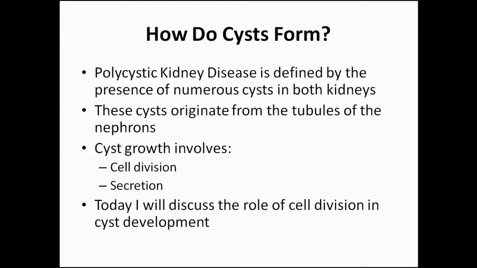And cyst growth involves two primary functions that under some circumstances are entirely normal and actually required, and under other circumstances are what we would call pathophysiological. In other words, they're inappropriate. These two events are cell division, which is straightforward.